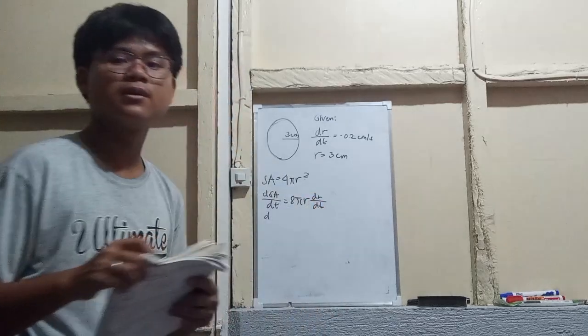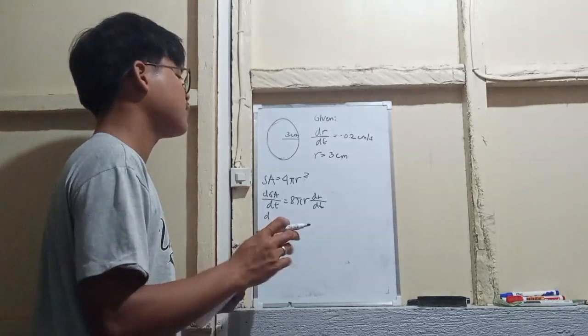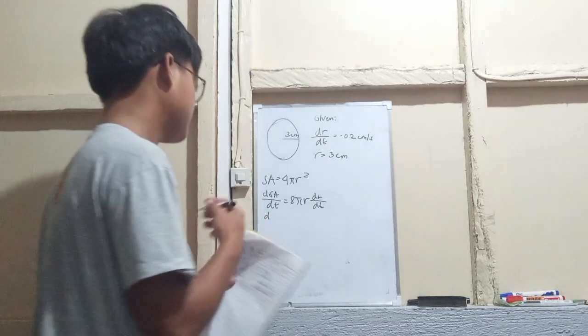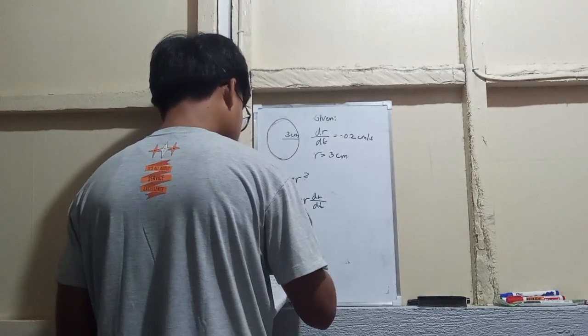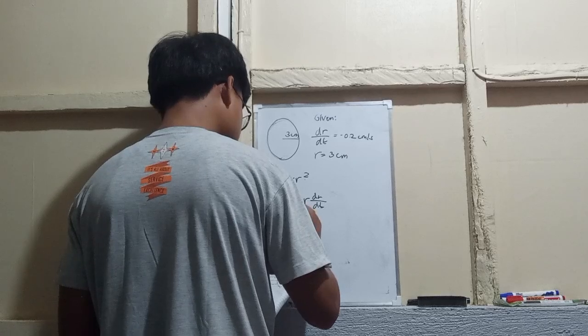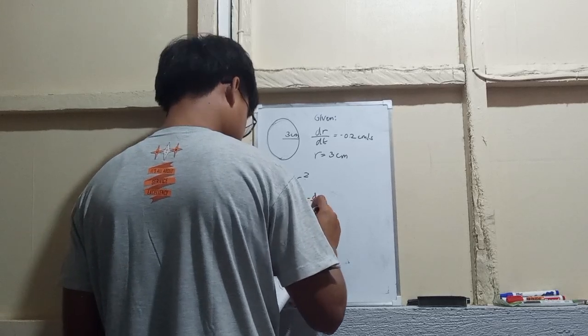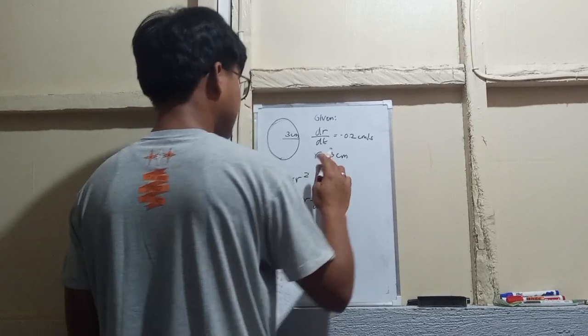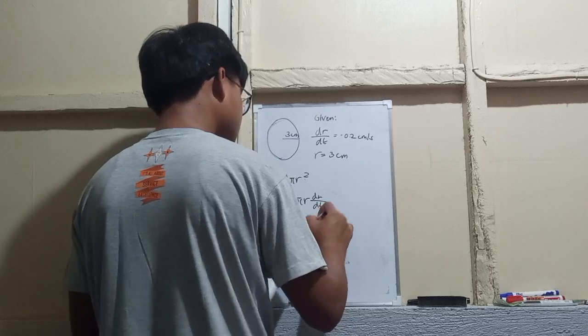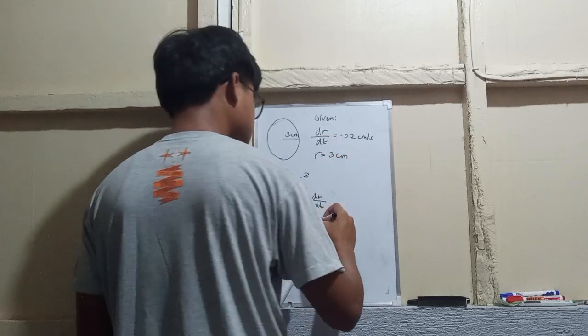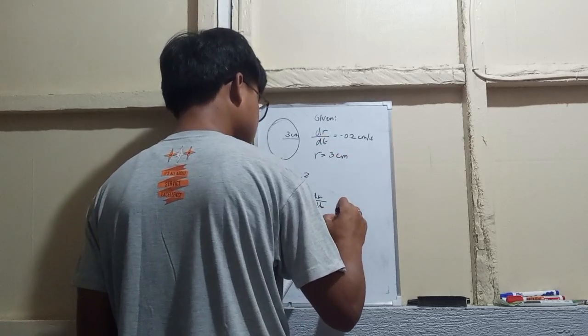So now that we have the formula, we'll substitute the given values. So dSA over dt is equal to 8 pi, the value of r is equal to 3, and our dr over dt is equal to negative 0.2.